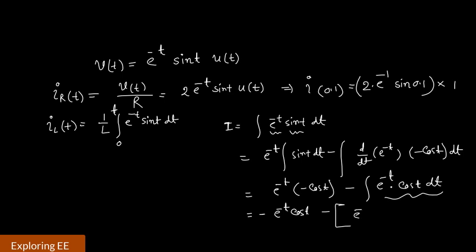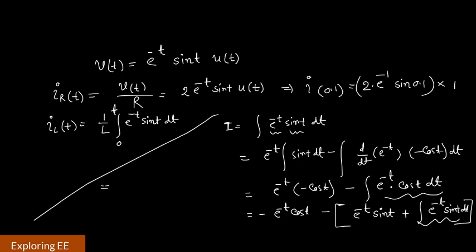So e to the power minus t integration of cos t gives us sin t, minus integration of the derivative of e to the power minus t, which is minus e to the power minus t, so it will be plus, into integration of cos t, which is sin t, dt. So this value is also I.